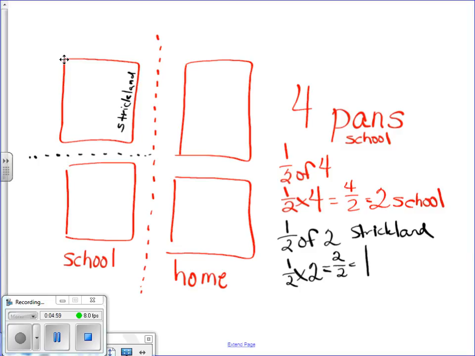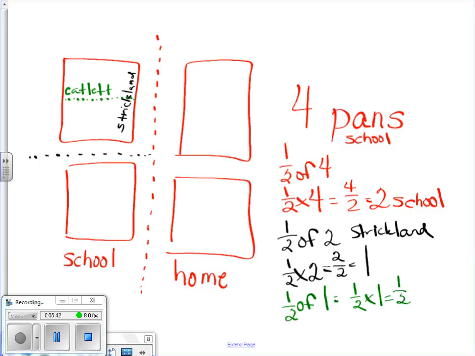But because I'm so nice, I may go, well, Miss Catlett, I'm such a sharing individual. I'm going to share my half with you. So I'm giving my half of 1, 1/2, to Miss Catlett. So 1/2 of 1. 1/2 times 1 equals 1/2.